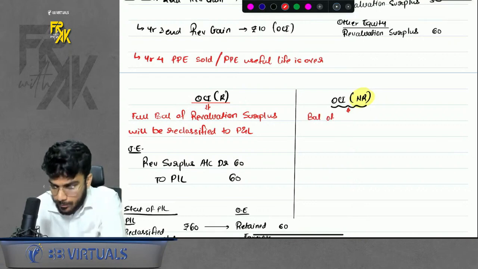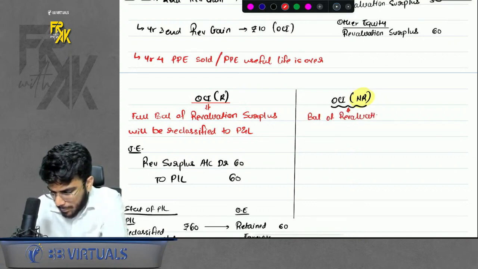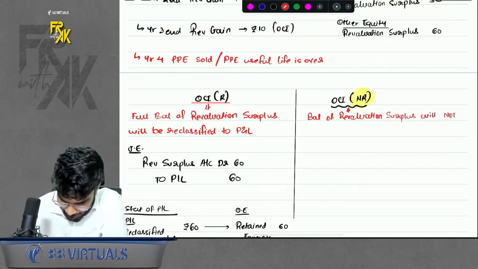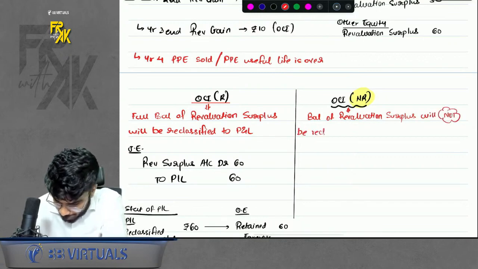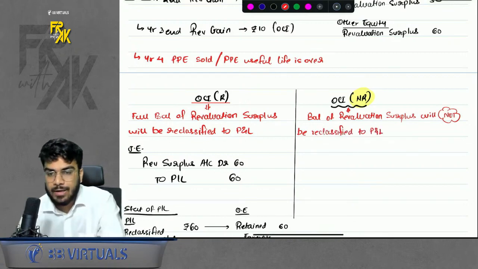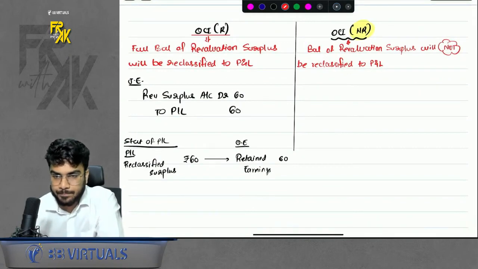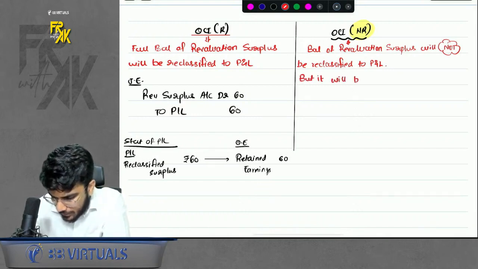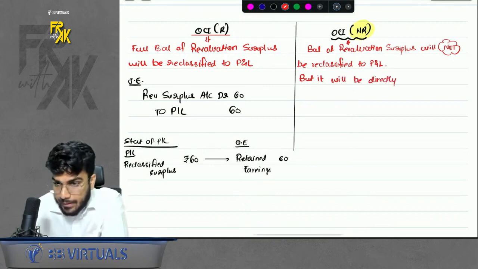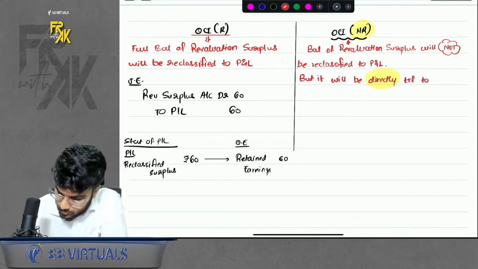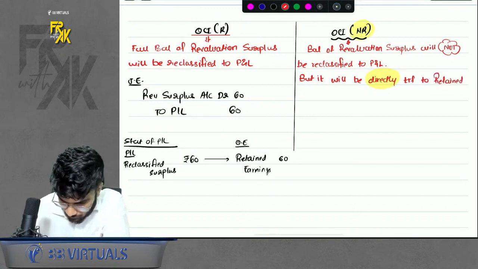In NR, the full balance of revaluation surplus will not be reclassified to PNL, but it will be directly transferred to retained earnings.